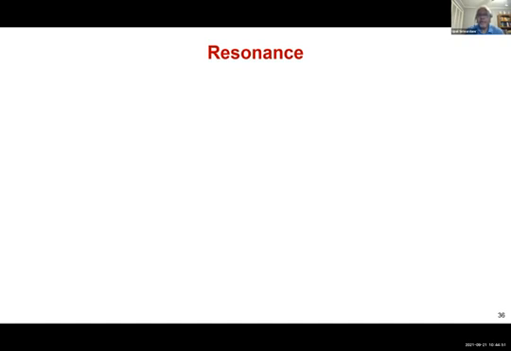I am going to talk about another topic that appears in covalent bonding, what is called resonance. Resonance is the inability to describe a structure with one Lewis structure. It sometimes happens in molecules with double bonds.